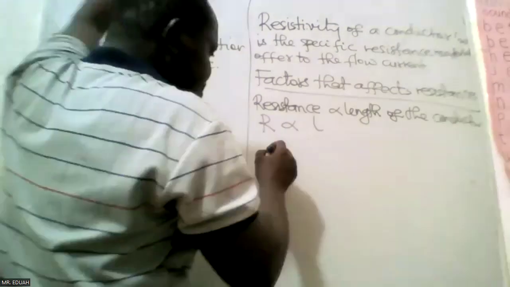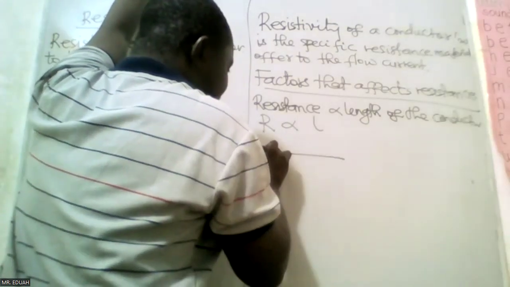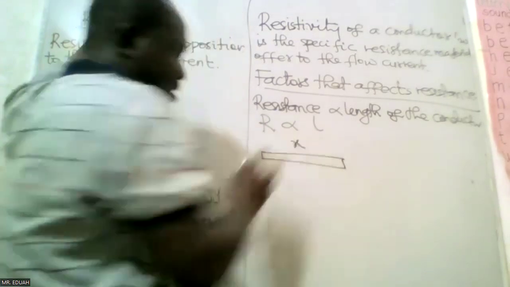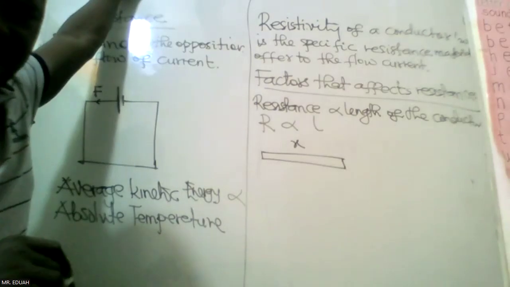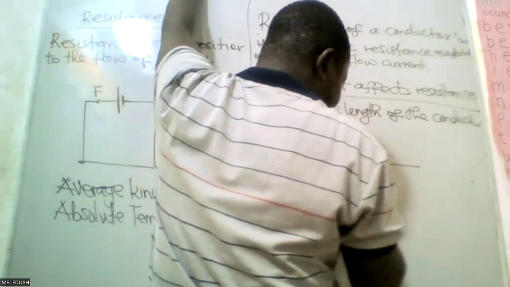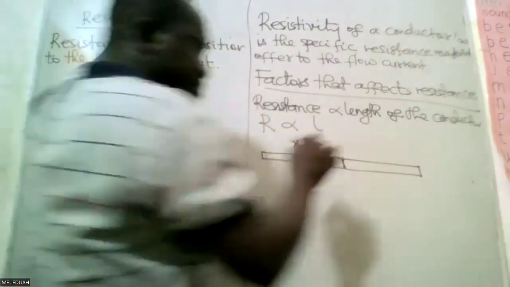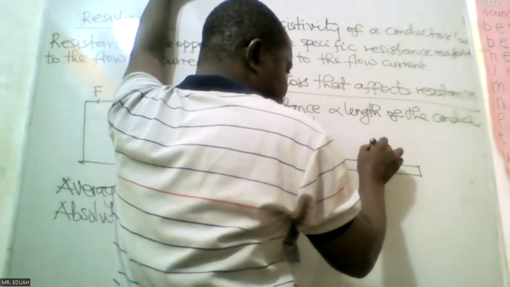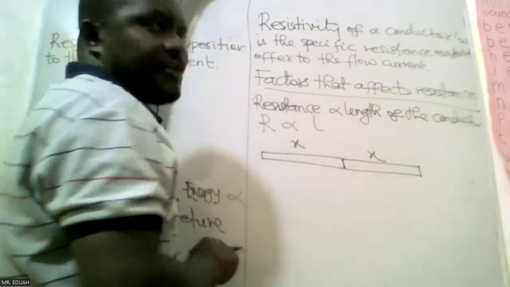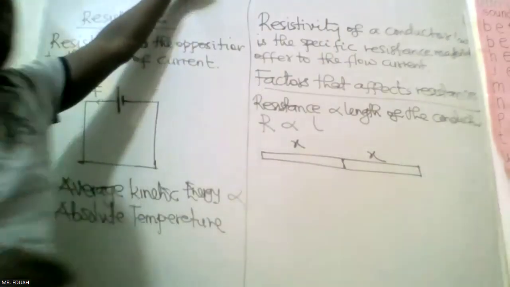So if 1 meter length of a wire has X resistance, when you join it with another 1 meter, the total resistance becomes 2X. This resistance plus this resistance. If you add another 1 meter, it will be 3X.